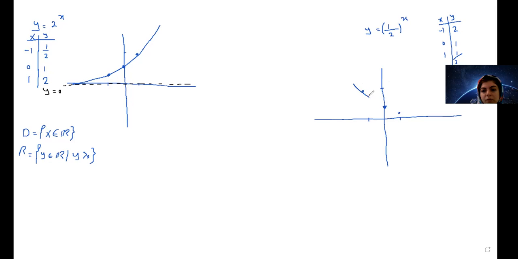So you connect the points, going towards 0 but never reaching 0. Again, we have an asymptote at y equal to 0, right? This dotted line that I put, your graph never intercepts that. So this is your horizontal asymptote. Again, the key features: for the domain, x could be positive and negative, no restriction for x.